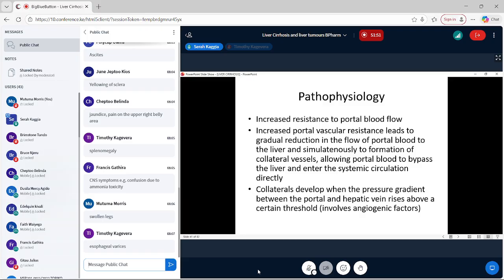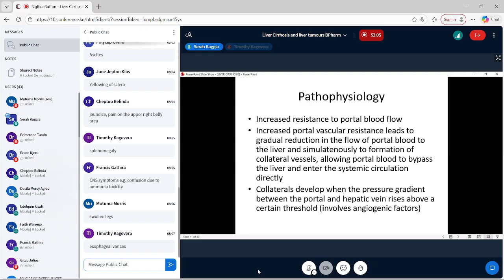So now the portal, the reduction in the flow of portal blood to the liver itself. And then simultaneously, there's the formation of collaterals.